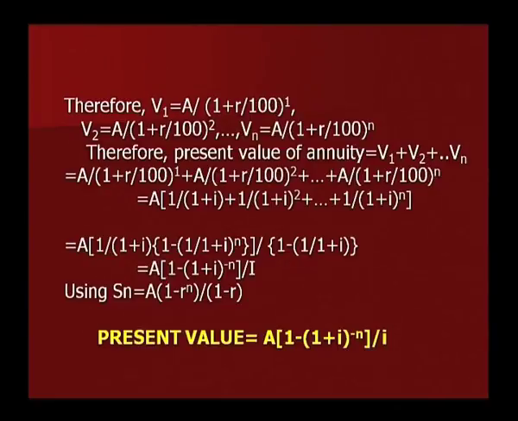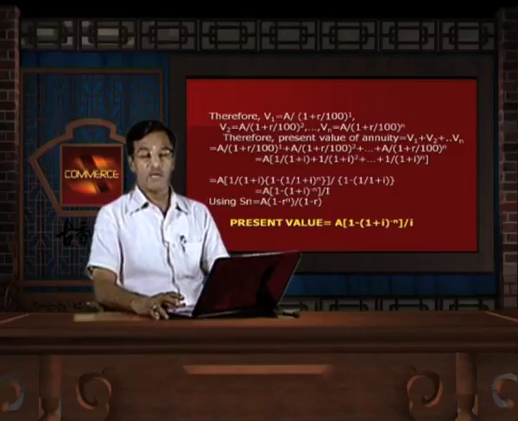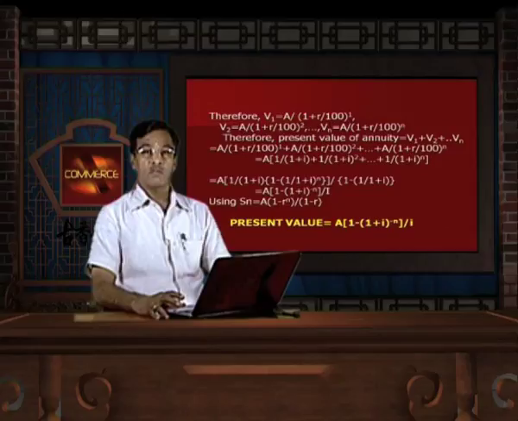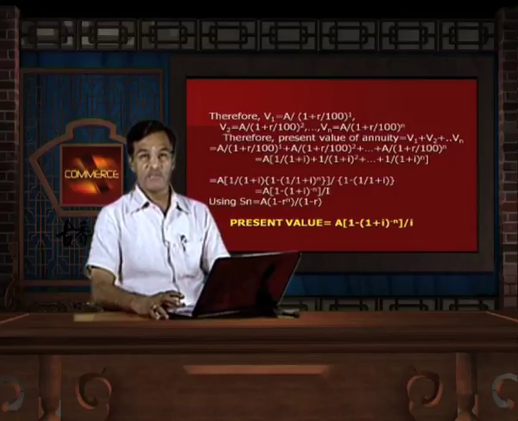Here we have calculated the amount of total annuity by calculating amount per annuity V1, V2, V3, Vn.